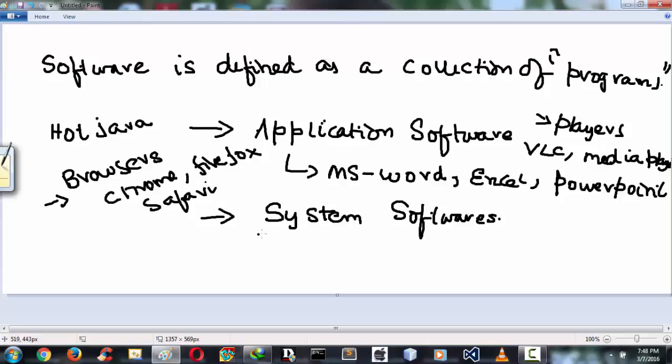Now, from the system software point of view, to say it in one word, system software is nothing but an operating system. You might quickly ask what an operating system is. Let me clear the screen and go to a new window.